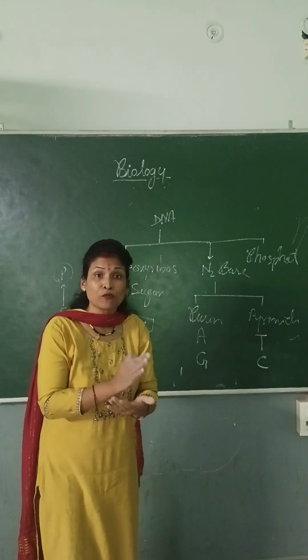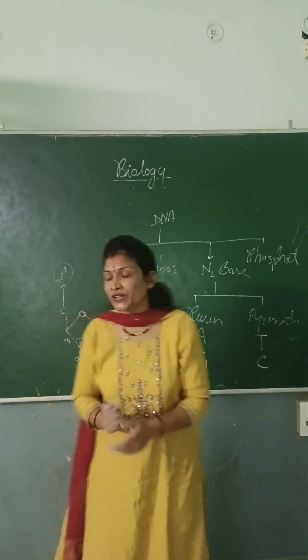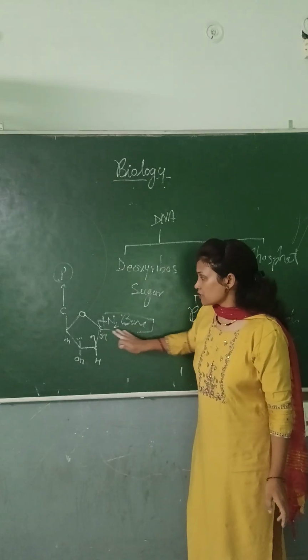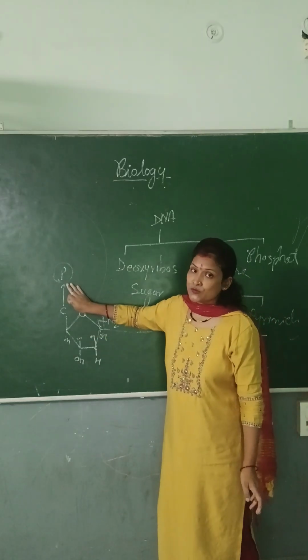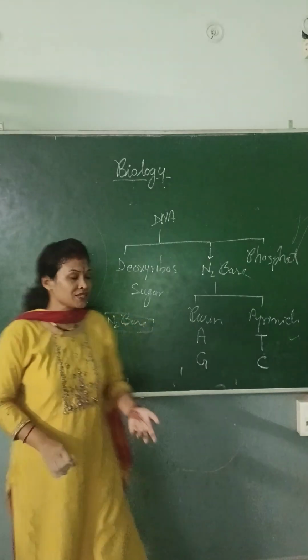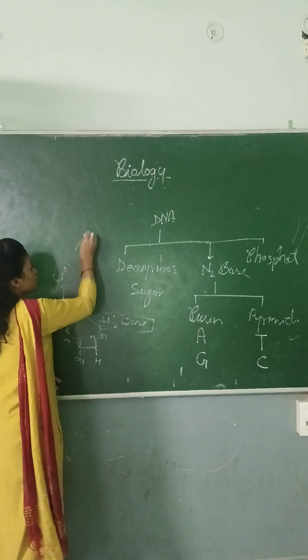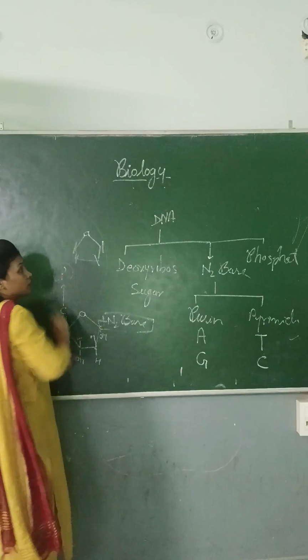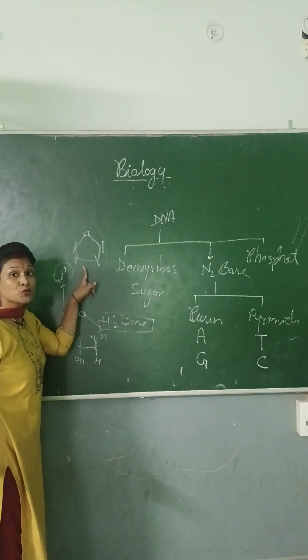And the DNA is a polymer of so many nucleotides. DNA is a polymer of nucleotides. What is the meaning of that? This is one nucleotide which is made up of nitrogenous base, pentose sugar, and phosphate group. Again, I made the same thing. See here, this one is what? Deoxyribose sugar.